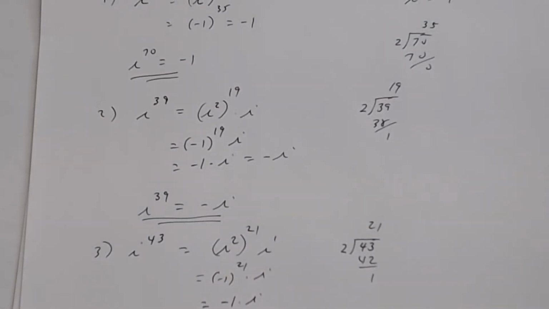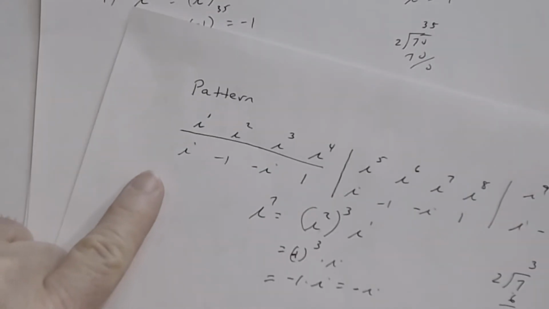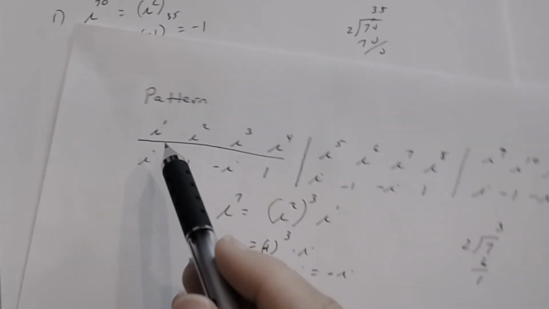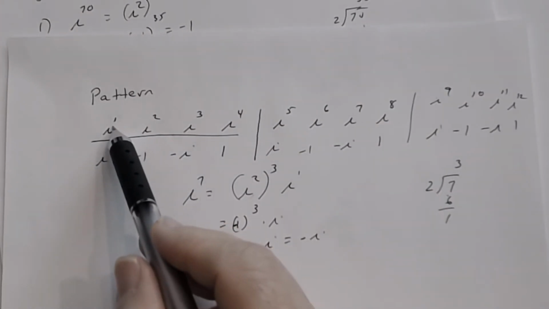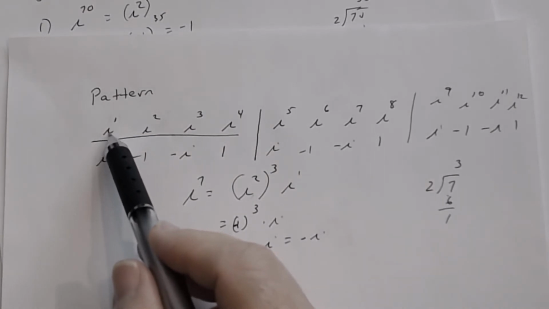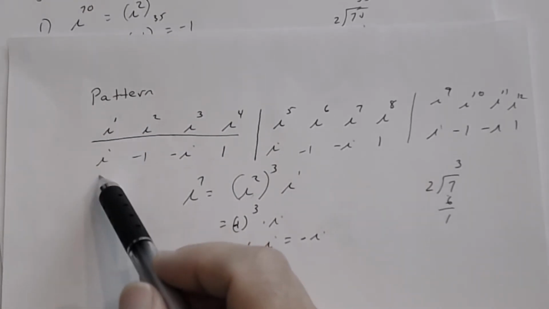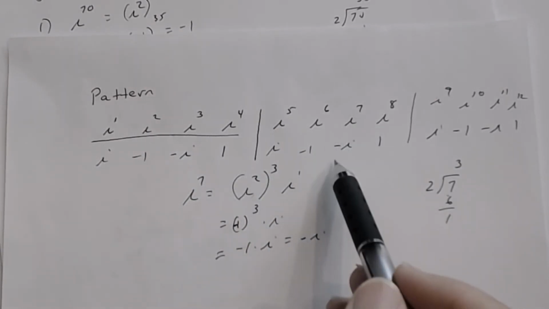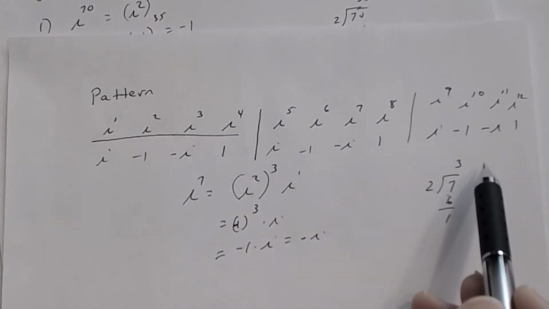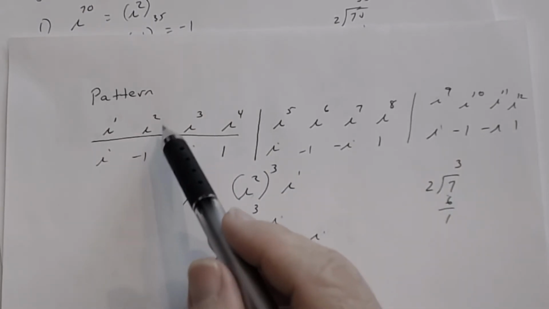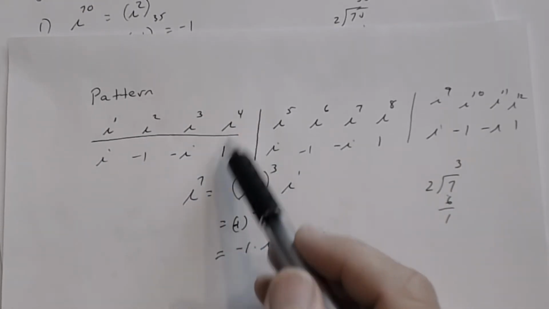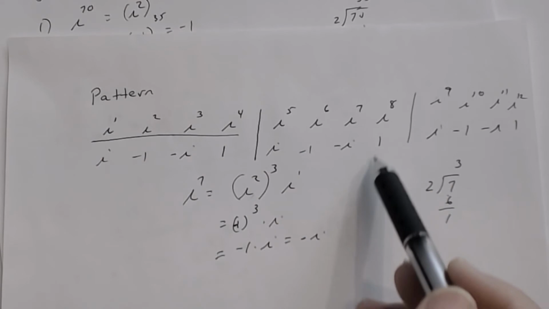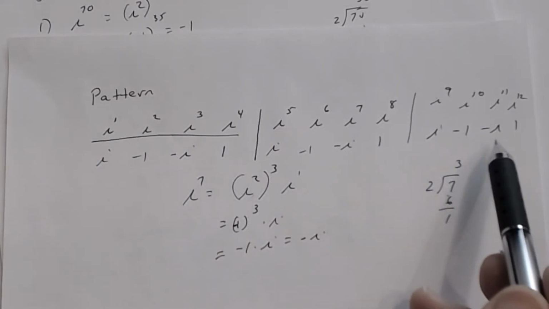If you go back to this pattern and look at the odd exponents, the i's with the odd exponents, that's i, -i, i, -i, i, -i. If you look at the evens, you get -1, +1, -1, +1, and so on.